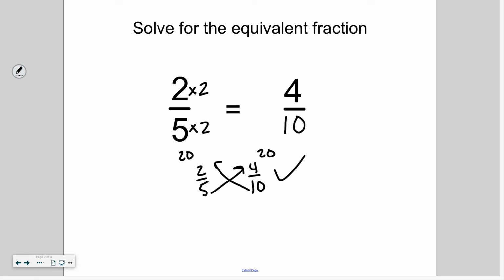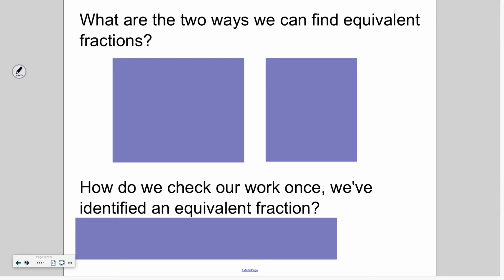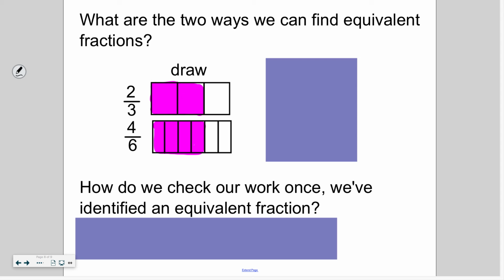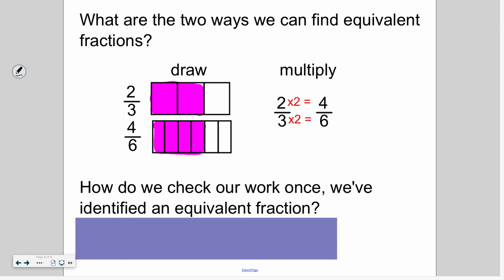So let's recap. What are the 2 ways we can find equivalent fractions? We can draw it out, make sure they're equal to each other, or we can multiply. Let's see, I have the same fraction, 2/3, 4/6. 2/3 times 2, the 3 and the 2 by 2 equals 4/6.